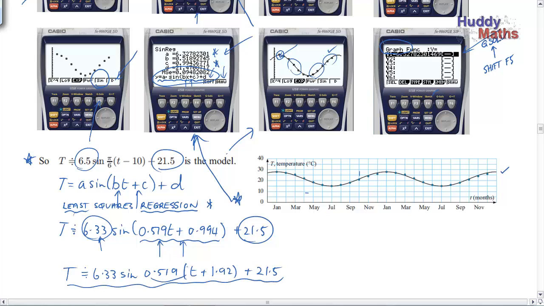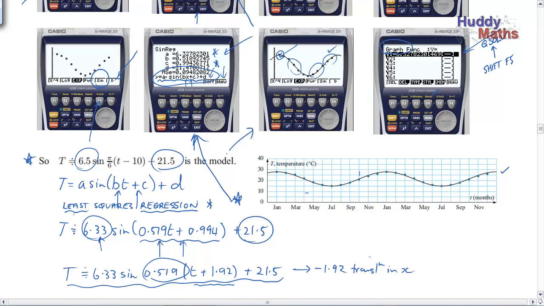So does this match up? Yeah, pi on 6 is approximately 0.519. Yes, pretty close. But what about this? Okay, what's this saying? This is thinking of our model as a negative 1.92 translation in the x direction, not a plus 10 translation.